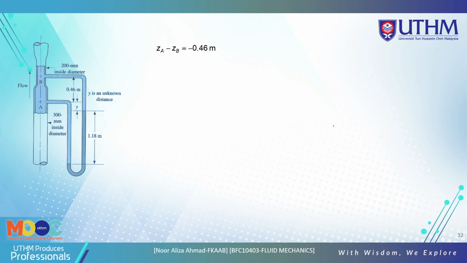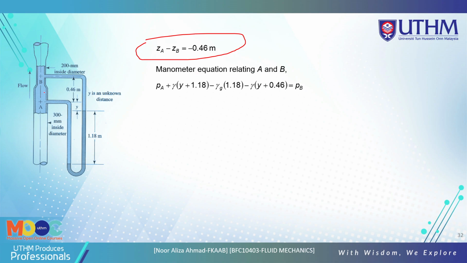Now you must know that ZA is at 0 here, the datum, and then ZB. So ZA minus ZB gives the value 0.646 meter. Manometer equation relating A and B. So we use the Bernoulli equation based on PA and PB.